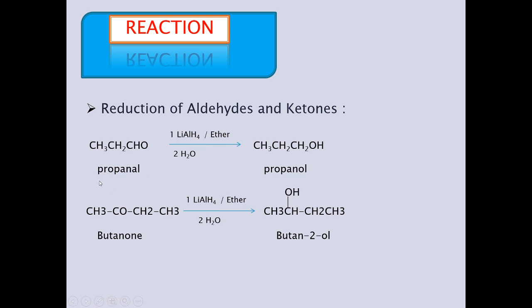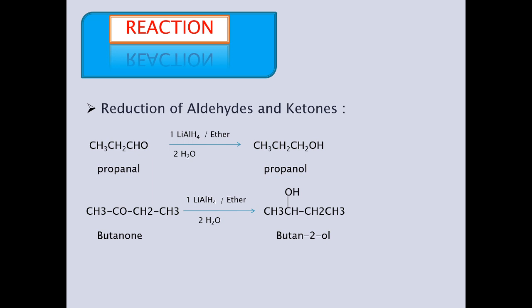The first example is propanal. Here is CH3, CH2, CHO. This means propanal, and propanal is an aldehyde. It reacts with the reagent lithium aluminum hydride in the presence of ether and water. Why is water used here?